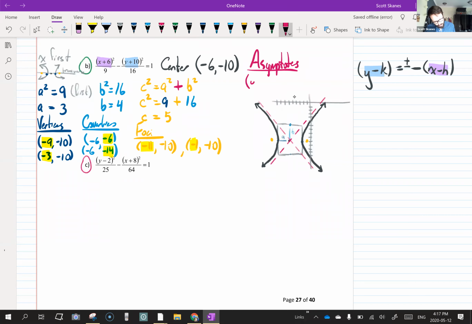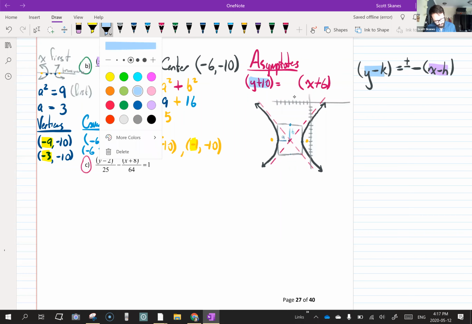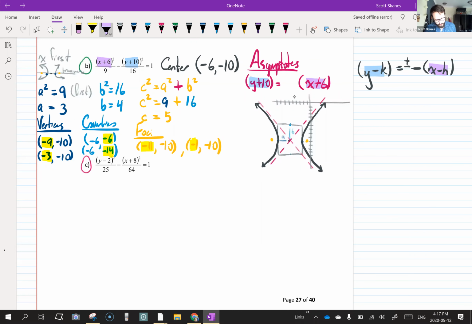So y minus k, so y plus 10 equals x plus 6. Once again, I can take that directly. But the asymptotes are plus or minus something. And you just very carefully look over here. I'll make it super obvious.